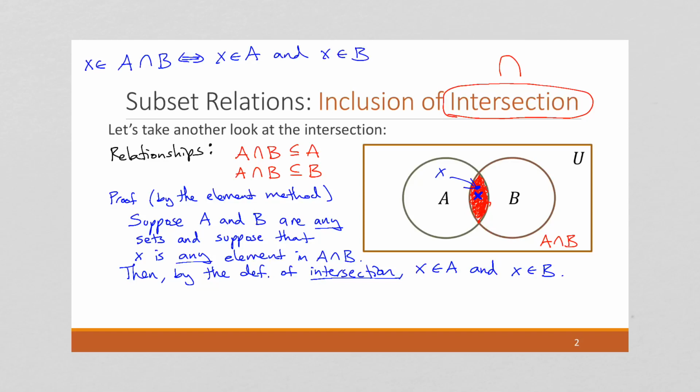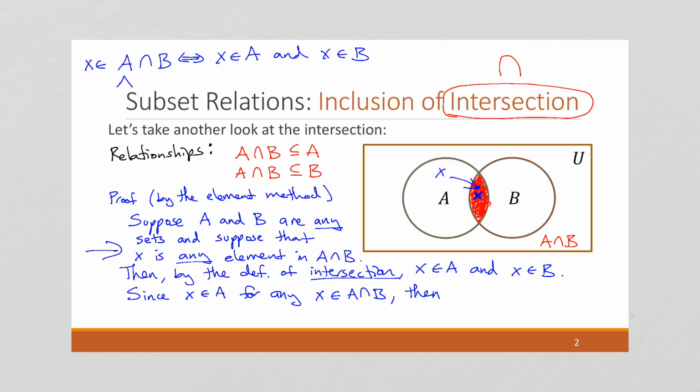All right, so since we know that X is any element in A intersect B, then I'm looking down here at the proof now, then by the definition, I know that X is an element of A and that X is an element of B. And since X is an element of A, for any X in A intersect B, right, then recall the definition of subset.